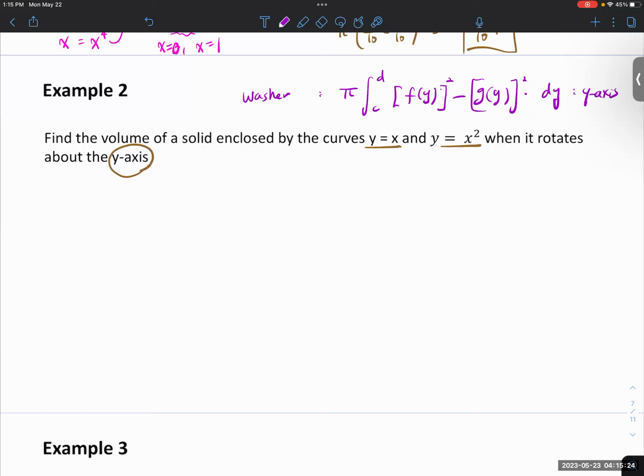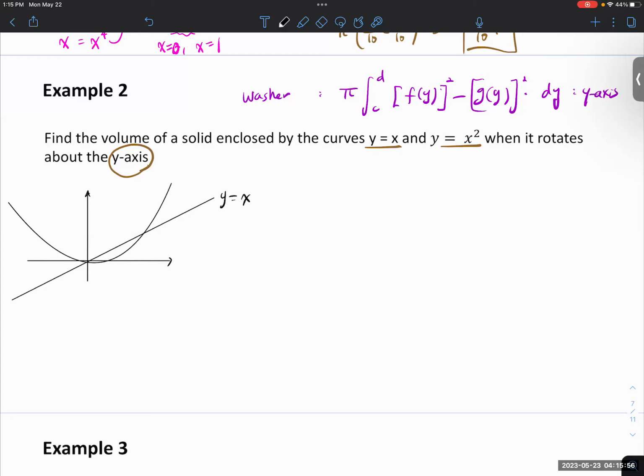So let me draw the image. Let me draw this one a little bit in the middle. So this is the y-axis, this is the x-axis, and y equal to x is going to be that, a linear function. Oh, my graph is not great.